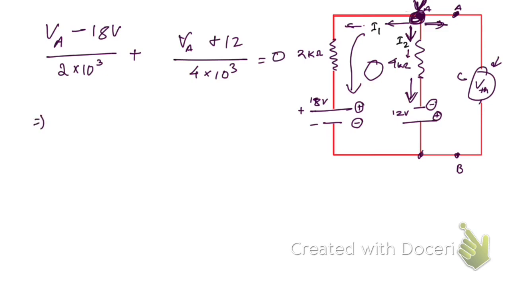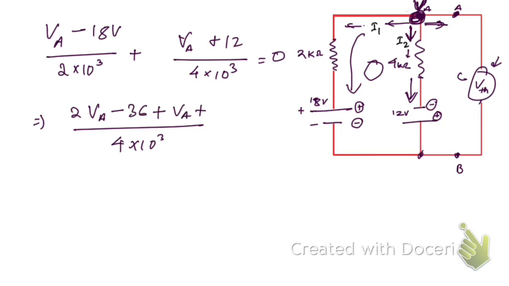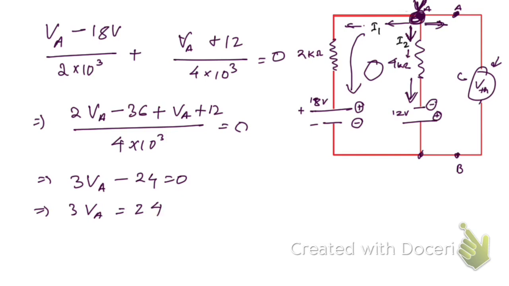Now if you take LCM, that's 4 into 10 to the power 3, and here we get 2 VA minus 36 volt plus VA plus 12 is equal to 0. This implies 3 VA minus 24 is equal to 0, so 3 VA is equal to 24, and it cancels this, then it gives 8.